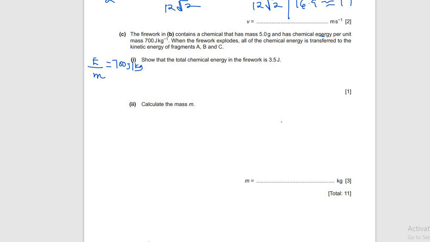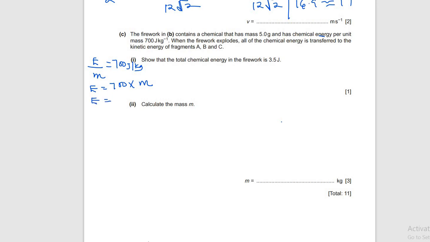So the questioner asks us that when the firework explodes, all the chemical energy is transferred into kinetic energy. Show that the chemical energy of the firework is 3.5. Since energy per unit mass is 700, the energy is 700 multiplied by mass.